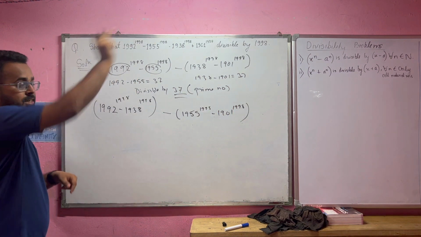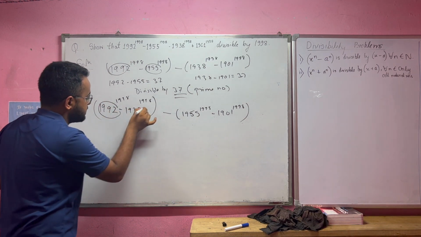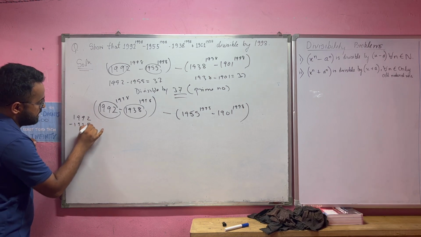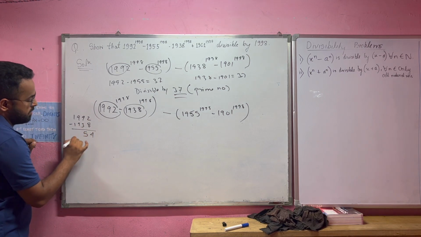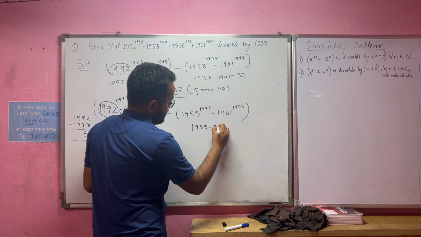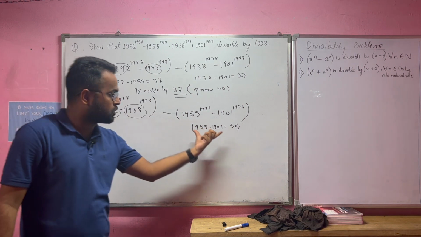Now again apply the first divisibility law. Now this number is divisible by this one minus this one. 1992 minus 1938. This is nothing but 54. Similarly here it is divisible by 54. So this part is also divisible by 54. This part is also divisible by 54.